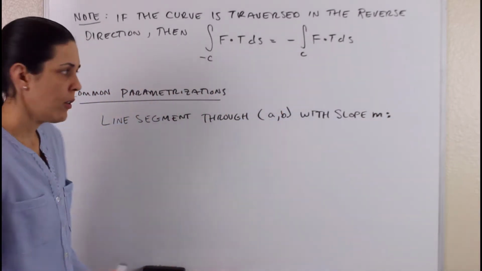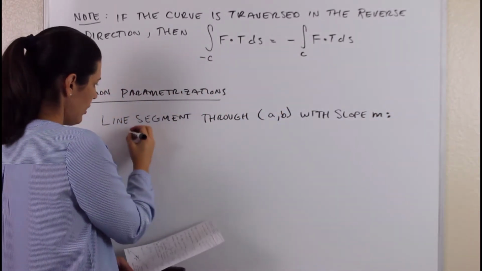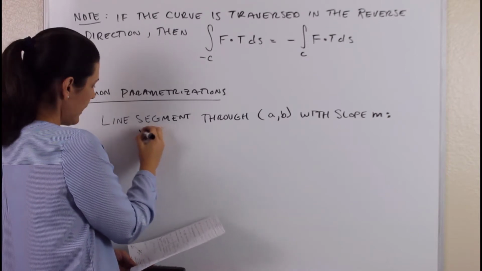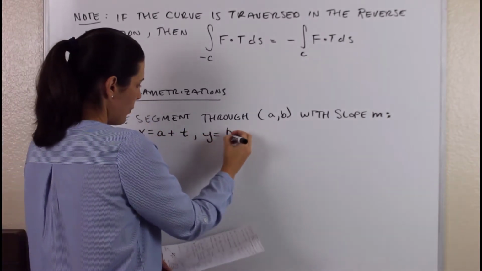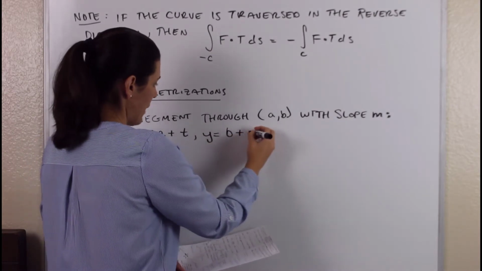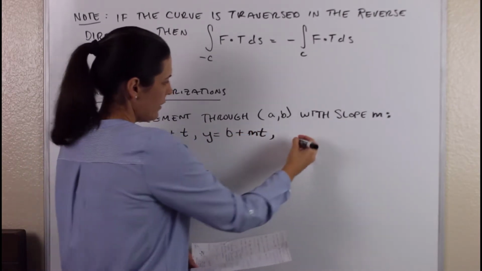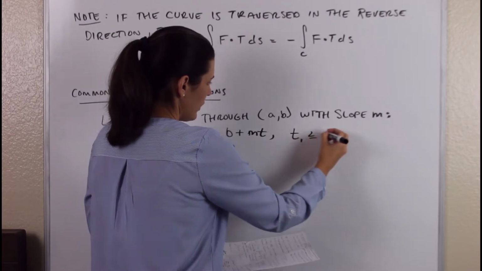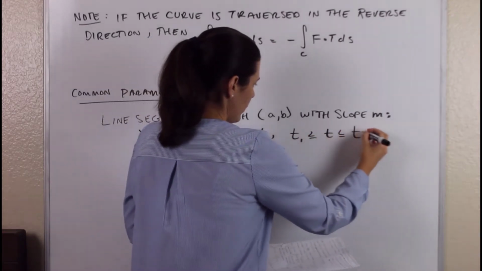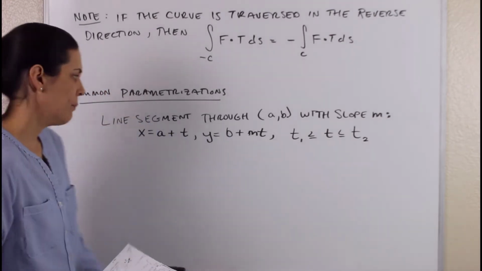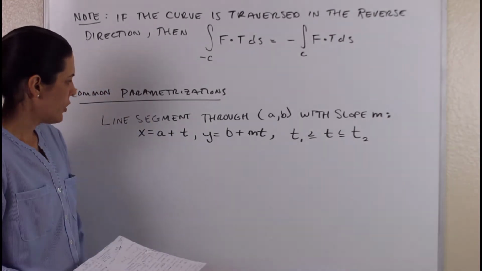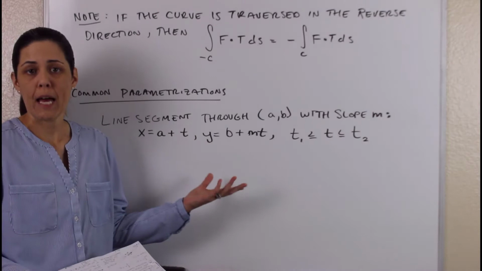Then you can parameterize this path as x equals a plus t, y equals b plus mt, and t goes from t1 to t2, whatever these t values are to get you from your starting point to your ending point. That's a common parameterization for a line segment path.